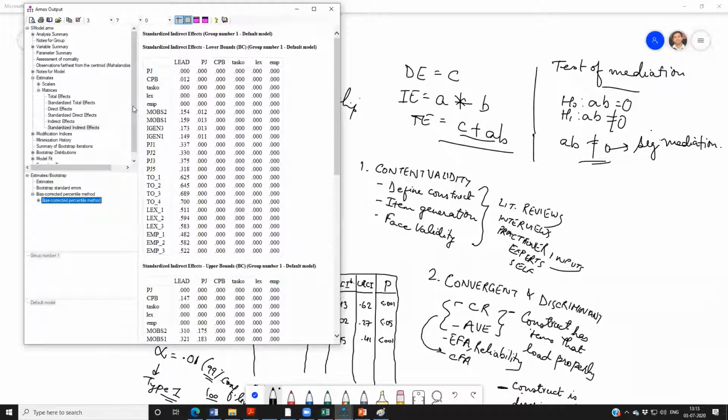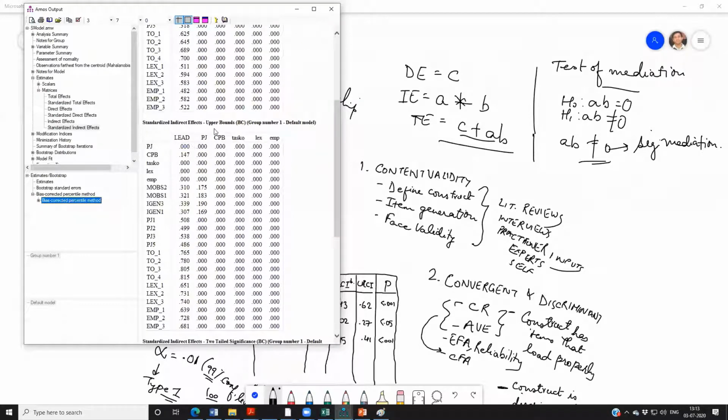Then go to the estimate, and you will see the lower bound of the bootstrap confidence interval and the upper bound of the bootstrap confidence interval, which is 0.1.